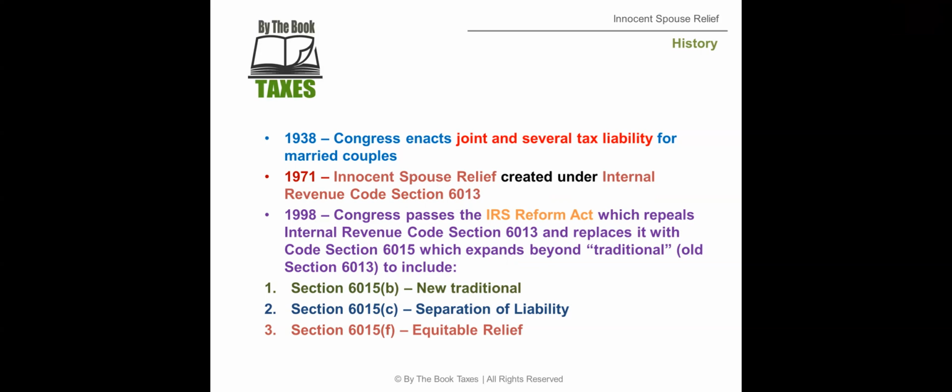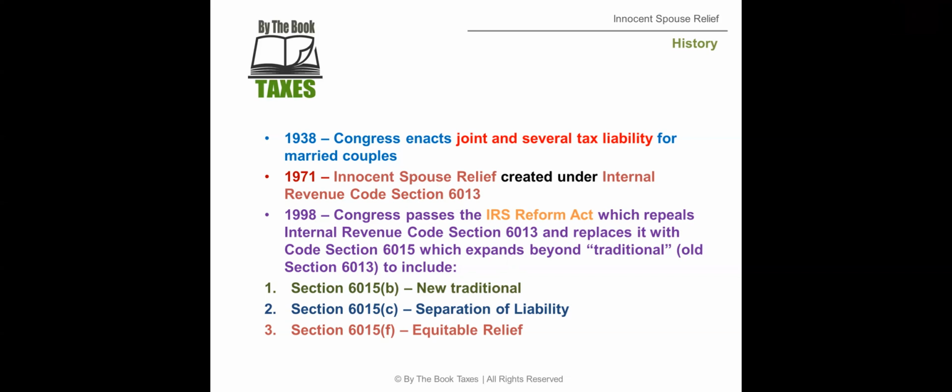Even though there was legislation passed in 1971, taxpayers still complained and litigated regarding what they felt was the inequity of the law, so that in 1998, there was more legislation passed as part of an IRS Reform Act, which repealed Internal Revenue Code 6013, created a new code section 6015, and laid out three different versions of innocent spouse relief.